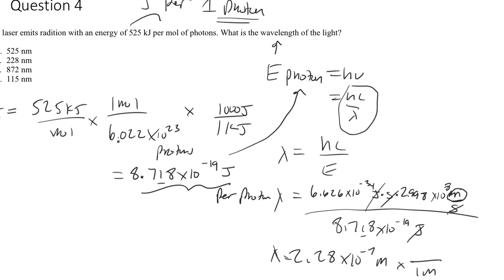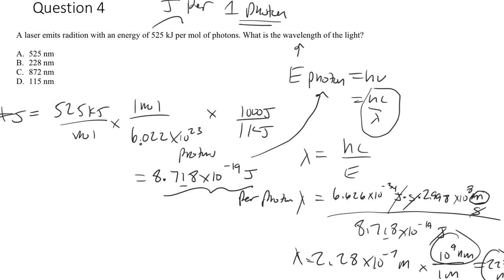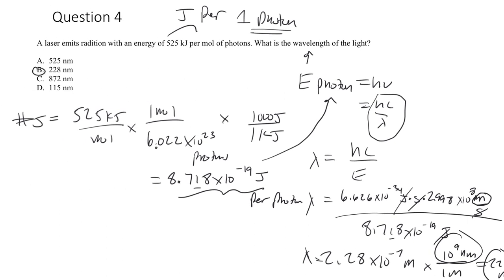We want this in nanometers. So multiply by 10 to the 9, or by 1e9. That gives us 228 nanometers. So we multiply by 10 to the 9, and we get 228 nanometers.